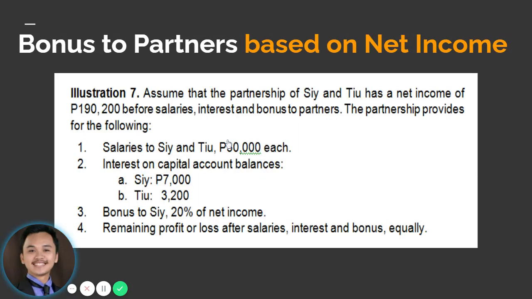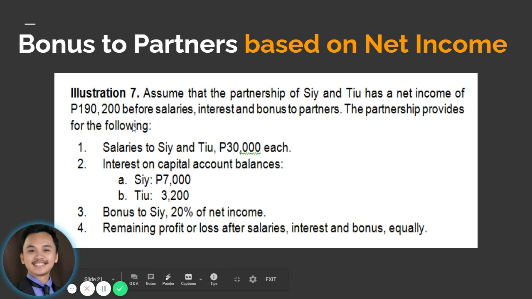So assuming that these are the given information, the partnership net income is 190,200 before salaries, interest, and bonus to partners. And the partnership provides for the following: salaries to C and Chu of 30,000 each, interest of 7,000 and 3,200 respectively, and bonus to C of 20% of net income, and the remaining profit or loss after salaries, interest, and bonus will be distributed equally.